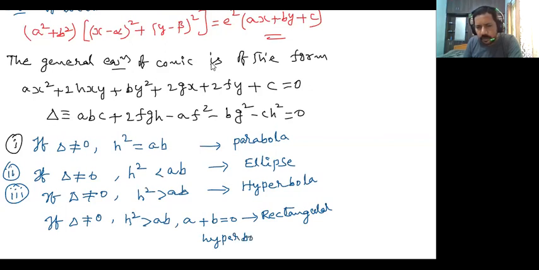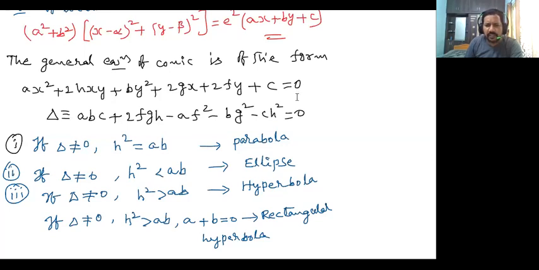So a hyperbola has two types: general hyperbola and rectangular hyperbola. Does the conic section have a center or not?